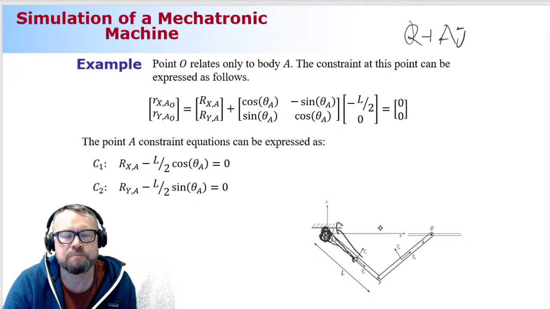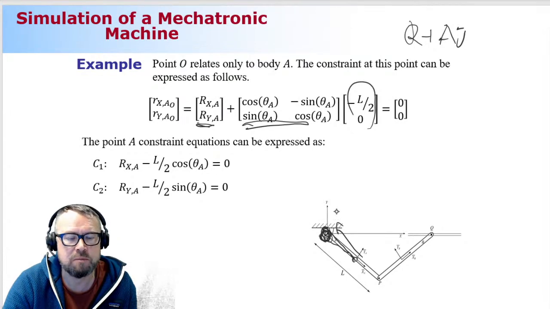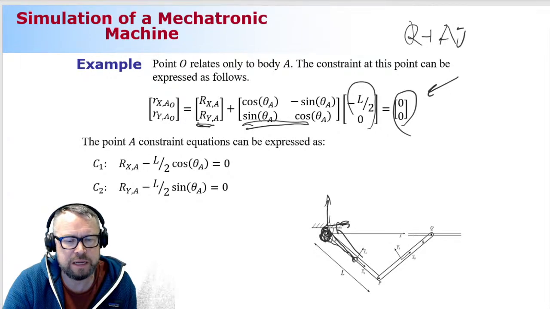That's what we're going to do here as well. So here's a translation, here's a rotation, and this is the vector u-bar that takes you back from the origin of the body reference coordinate system to the origin of the global coordinate system. How far is this off from the global coordinate system? It is not off at all because it's the origin of the global coordinate system, so the constraints are 0, 0. It's exactly where the global coordinate system is located.